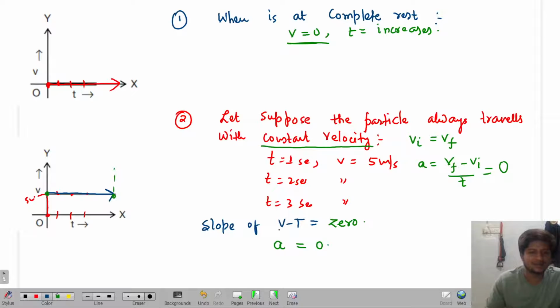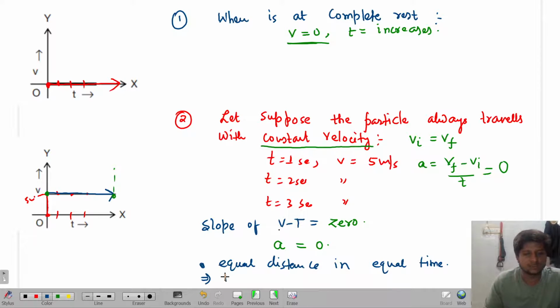And remember that in this kind of motion, with constant velocity, we travel equal distances in equal time. If we have a constant velocity graph, we are actually talking about uniform motion. In uniform motion, you have to travel equal distances in equal time.